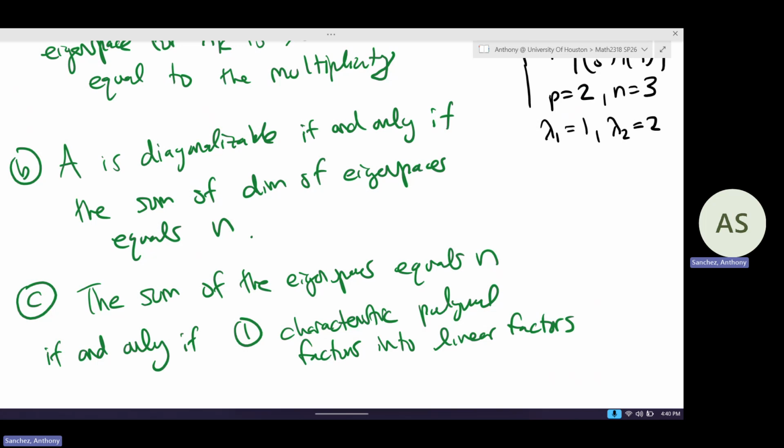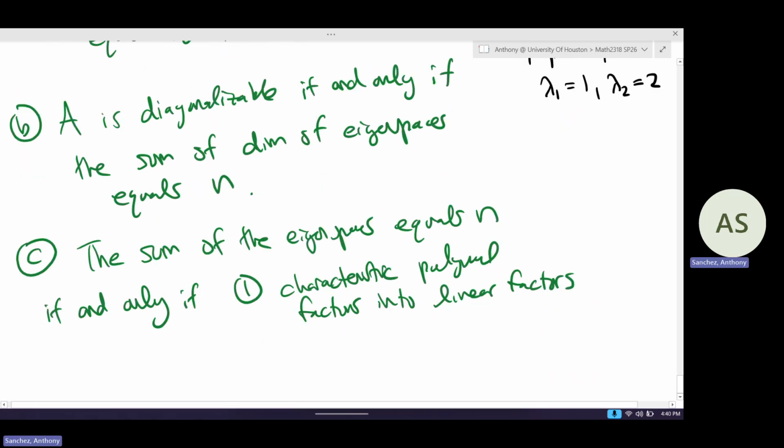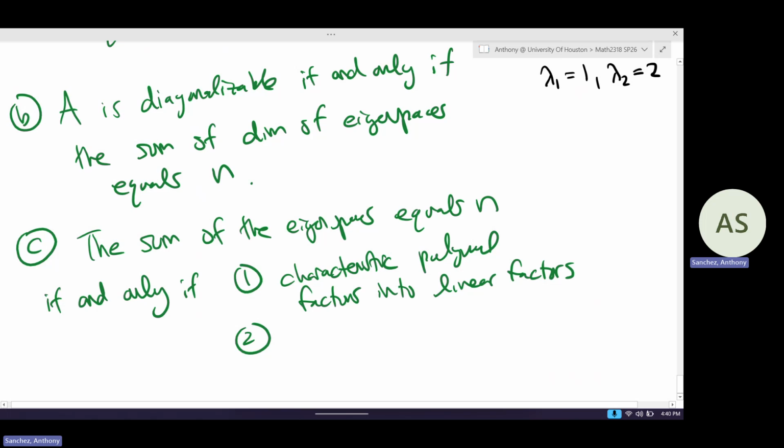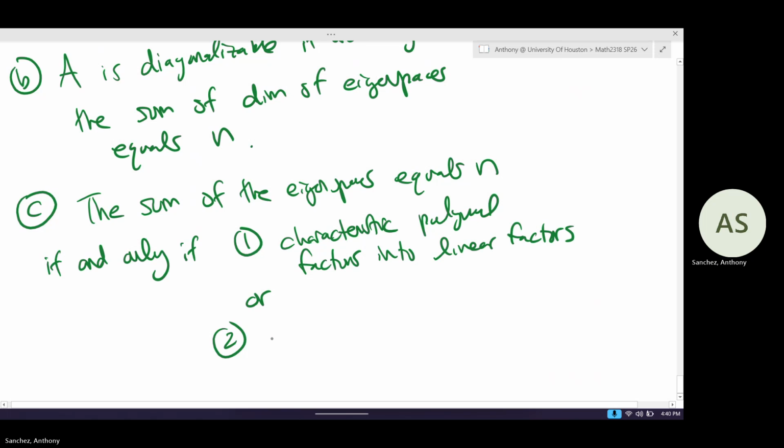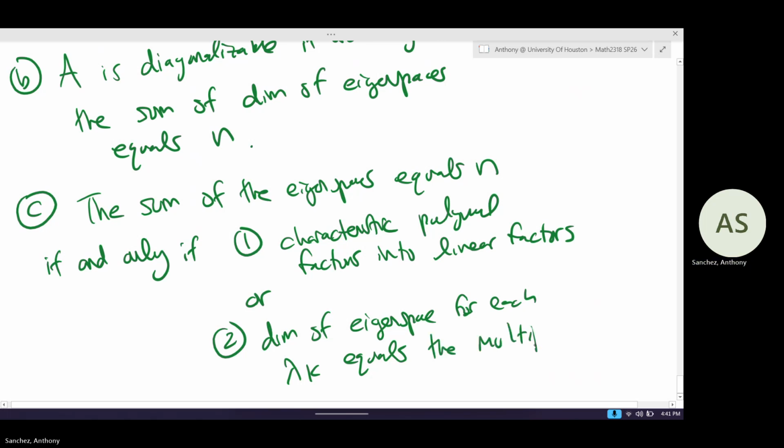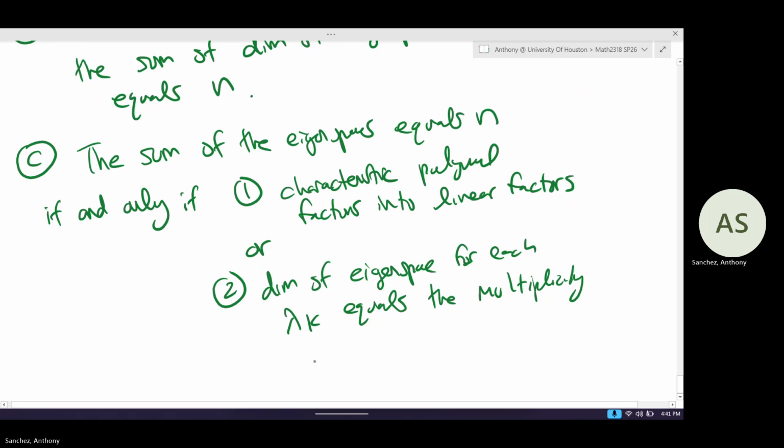And so we know that if I end up with distinct eigenvalues, then I end up with a diagonalizable matrix. All right. And two, or I should say, or two, the dimension of the eigenspace for each lambda_k equals the multiplicity of lambda_k.